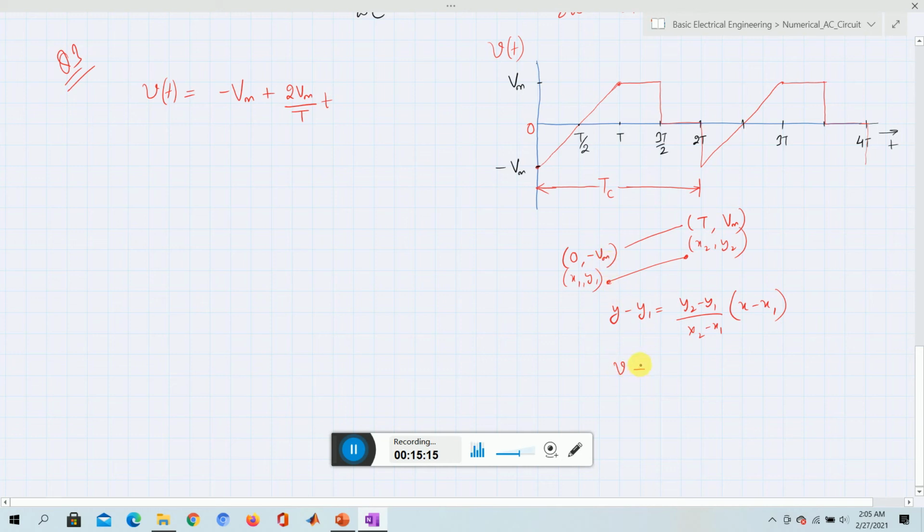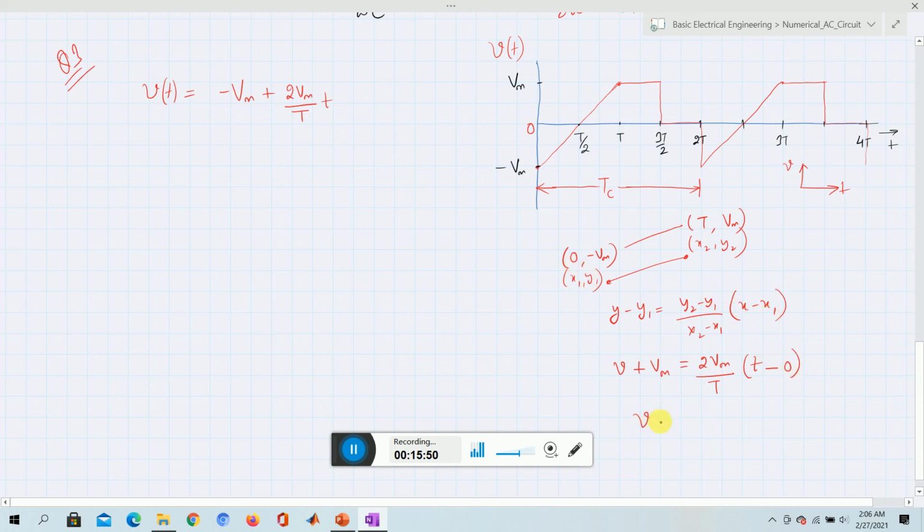What is v1? Minus of minus, this is Vm. So y2 minus y1 is Vm minus of minus Vm, so 2Vm. x2 minus x1 is T minus 0, that is capital T. Then x minus x1. Here x is time, because our x-axis is the time and y-axis is the voltage. And x1 here is 0.